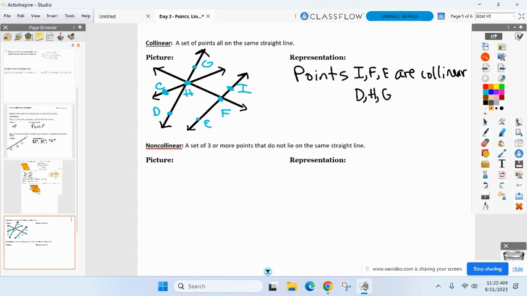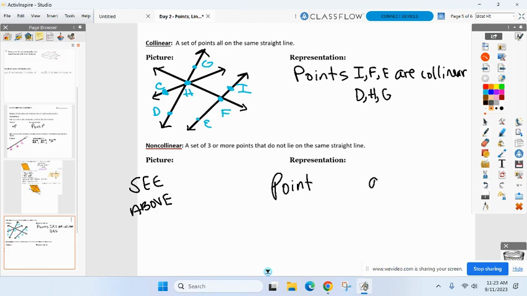All right, well, if I have collinear, let's talk non-collinear. 3 points that aren't on the same line. So let's save ourselves some frustration, right? Picture, just say C above. So give me 3 points now that are not collinear.